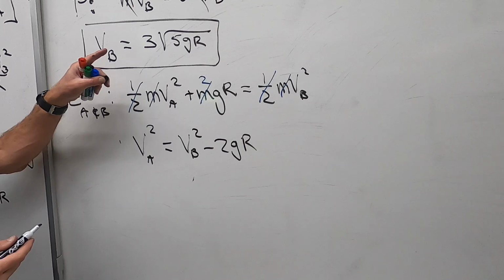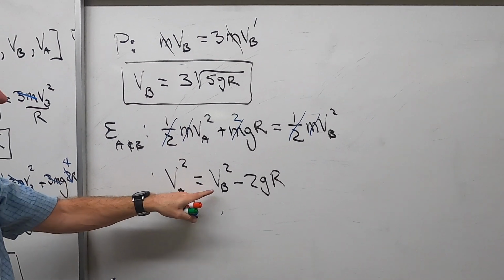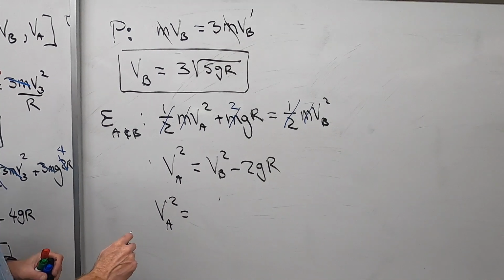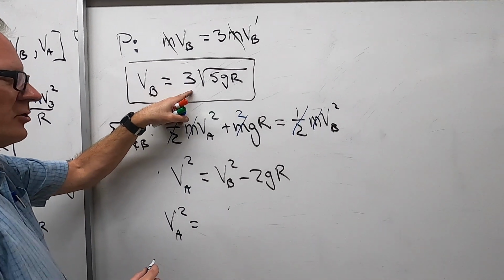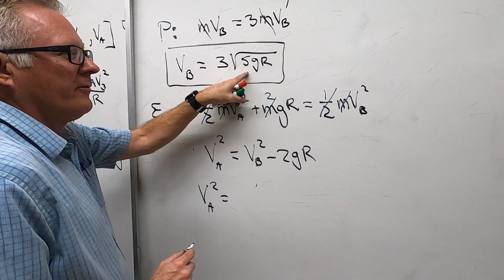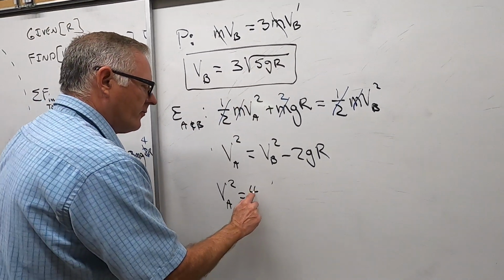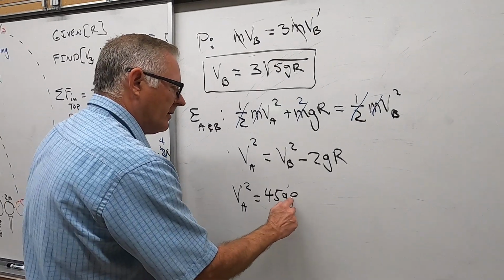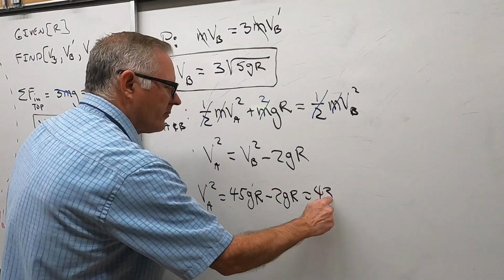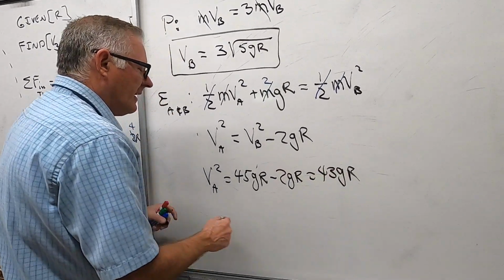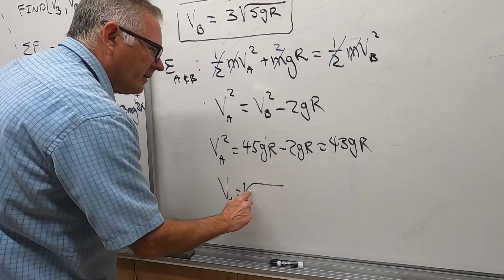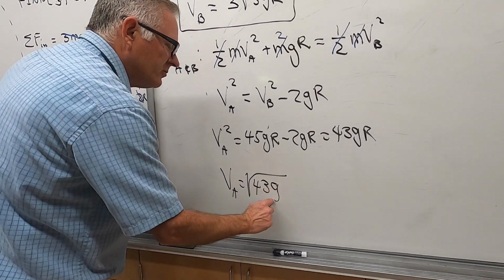We might as well plug this in, so VA squared is equal to this squared, which is 9 times 5, which is 45 GR, minus 2 GR, which is 43 GR, and then take the square root of both sides. So VA would be the square root of 43 GR.